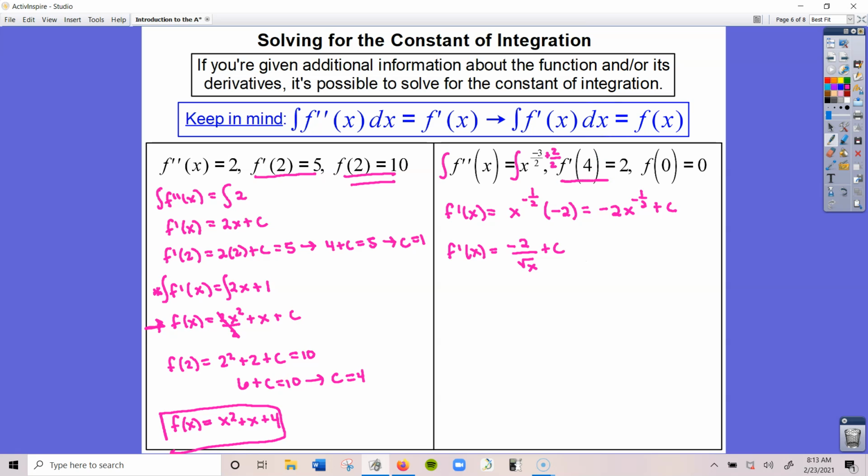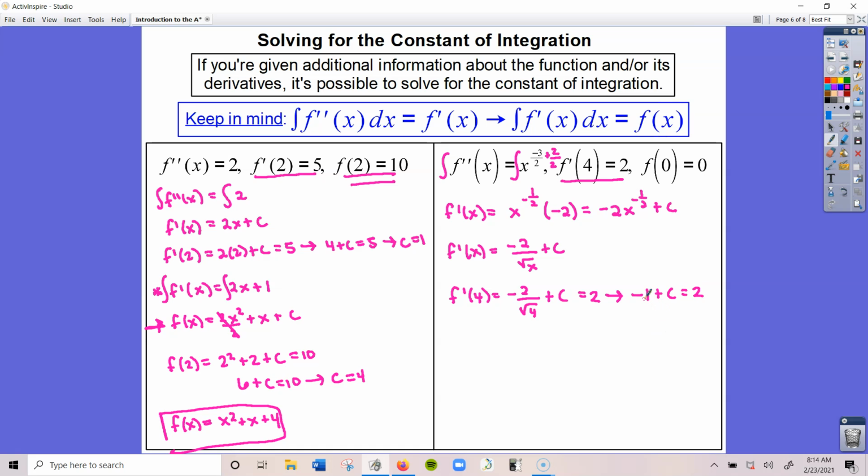Now we are told that f prime of 4 is equal to 2. So f prime of 4 is equal to negative 2 over the square root of 4 plus c is equal to 2. Now negative 2 divided by the square root of 4 is the same thing as saying negative 2 divided by 2, which is negative 1. So we get negative 1 plus c is equal to 2.